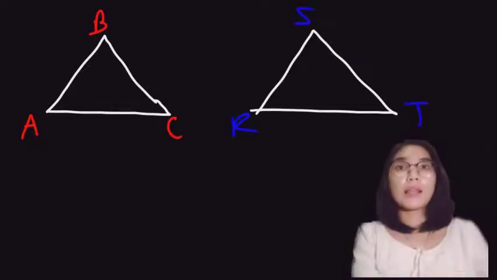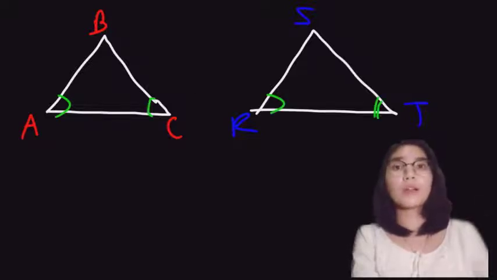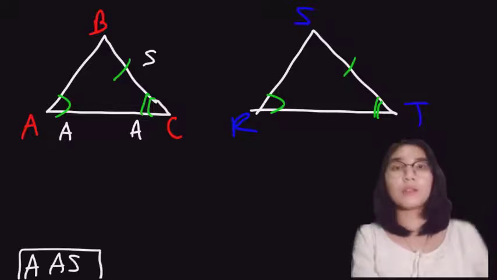Now let's try another example. Let's call this triangle MNO, and this one we are going to call GHI. Now let's say that angle N is congruent to angle H. Segment MN is congruent to segment GH, and angle M is congruent to angle G. So what postulate can we use to prove that these two triangles are congruent?